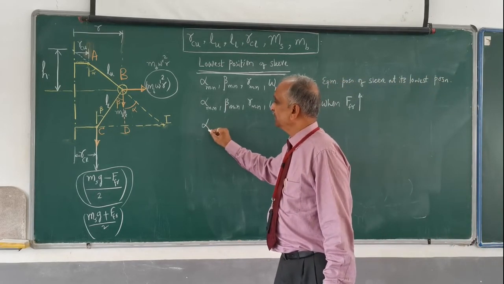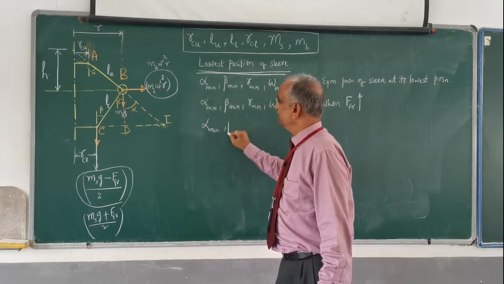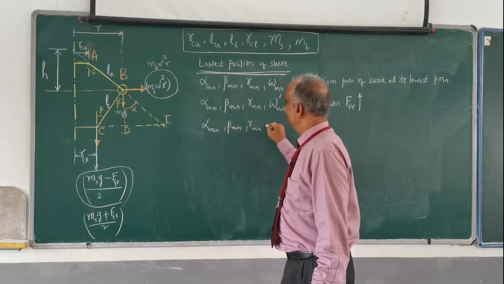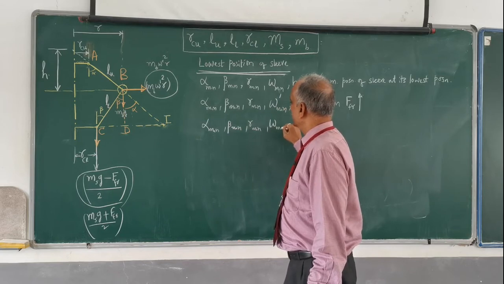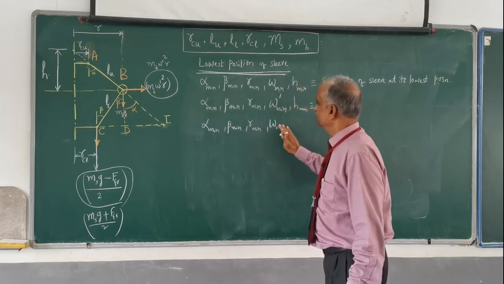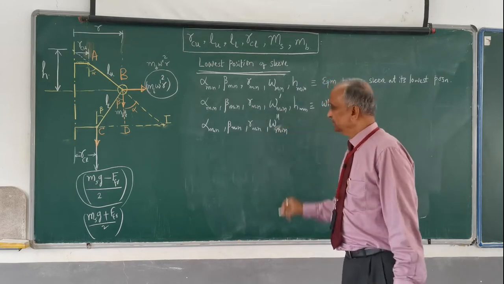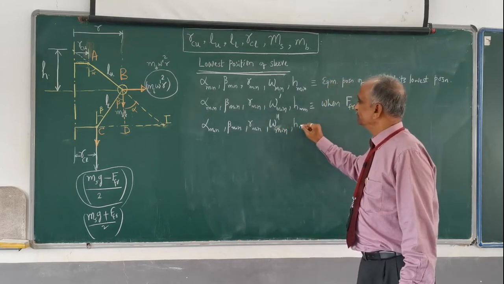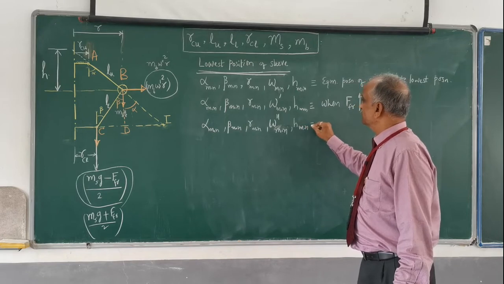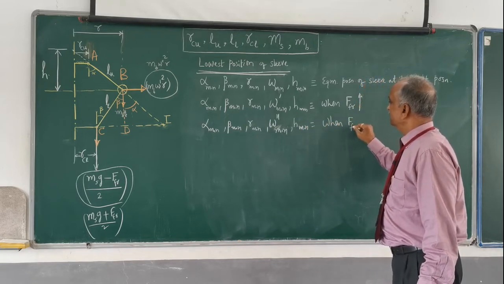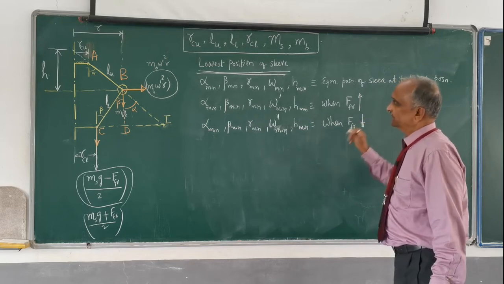Similarly, alpha minimum, beta minimum, R minimum, then omega minimum double dash, comma H minimum. So this is when FR is in the downward direction.